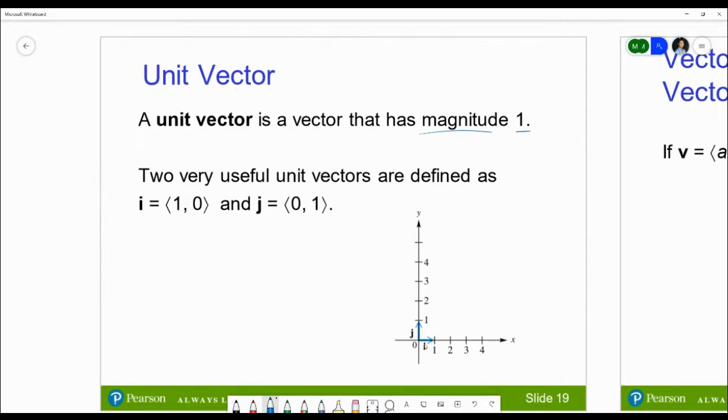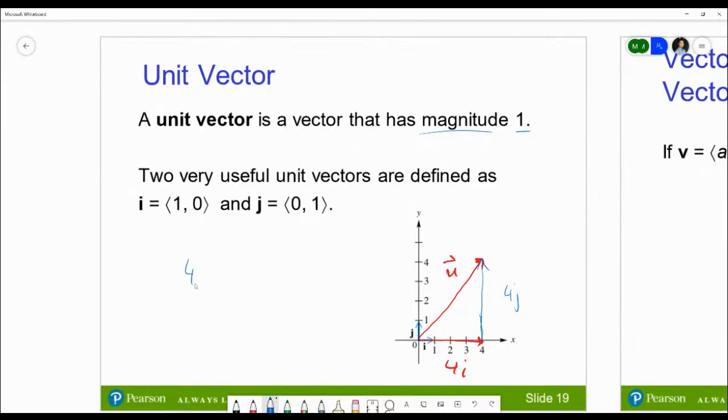So if I want, for example, this vector right here, this is just 4i because I'm multiplying a scalar of 4 times i. Using this notation, I can basically write any vector I want. For example, let's say I want to write this vector here. Let's call that one u. So I can do my x component 4i plus my y component, and my y component here is 4j.